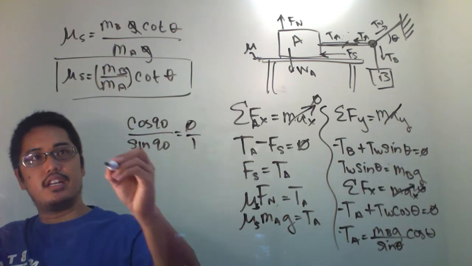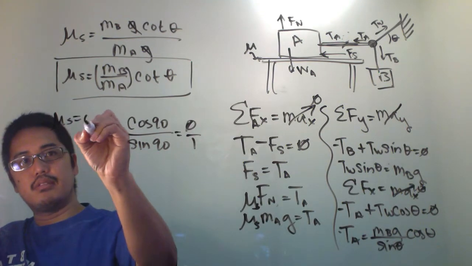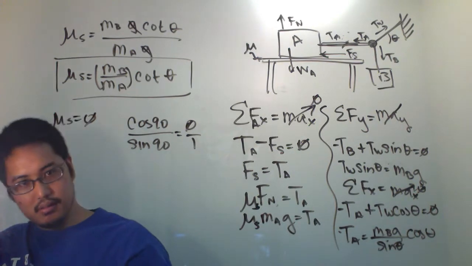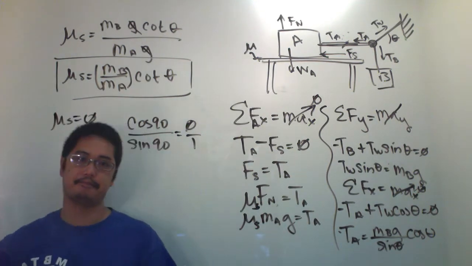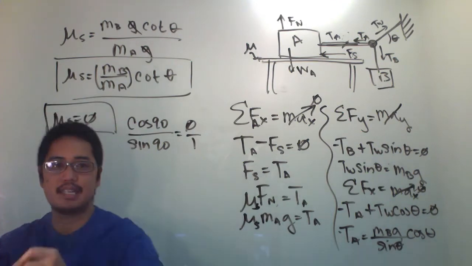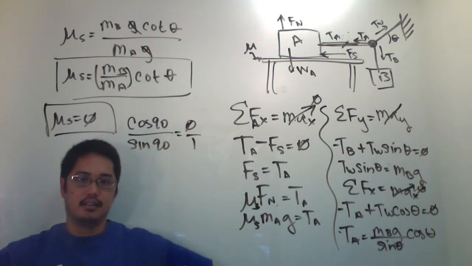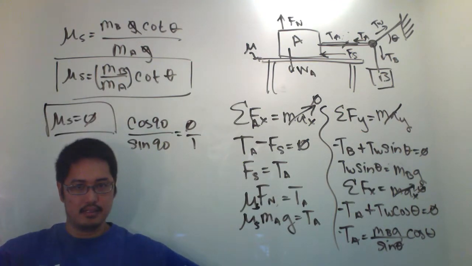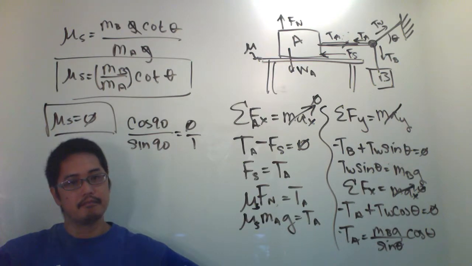So if theta were 90 degrees, then mu of s would equal 0. Does that make sense? Yeah, because if theta were 90, then the tension would be pulling straight up and down, and there would really be no force pulling on object A, and it would be still no matter what.